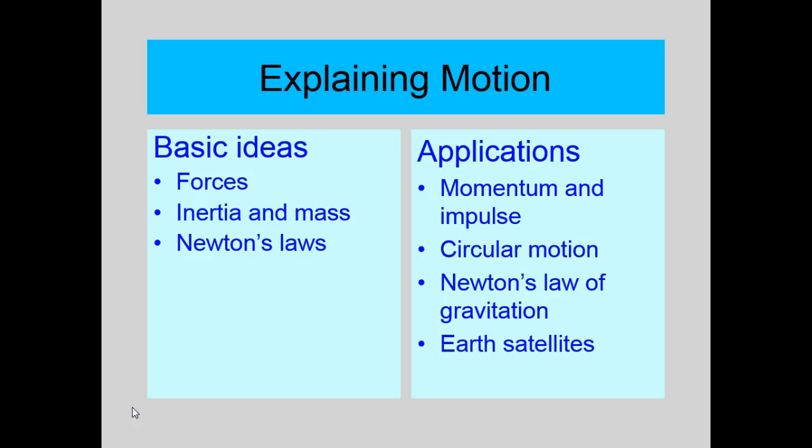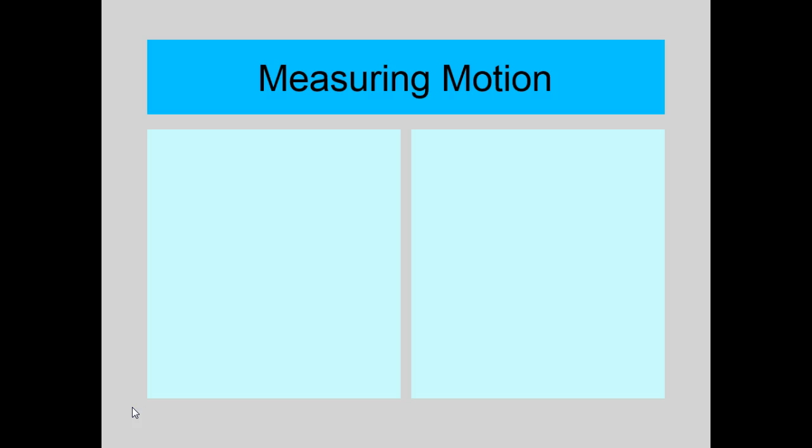And we'll look at applications of that, and this will be the last part of the chapter, and this will be momentum and impulse, circular motion, Newton's law of gravitation, and with that, Earth satellites. Okay? So that's the layout of how we're going to do the chapter, without getting too specific yet. So let's start with describing motion.